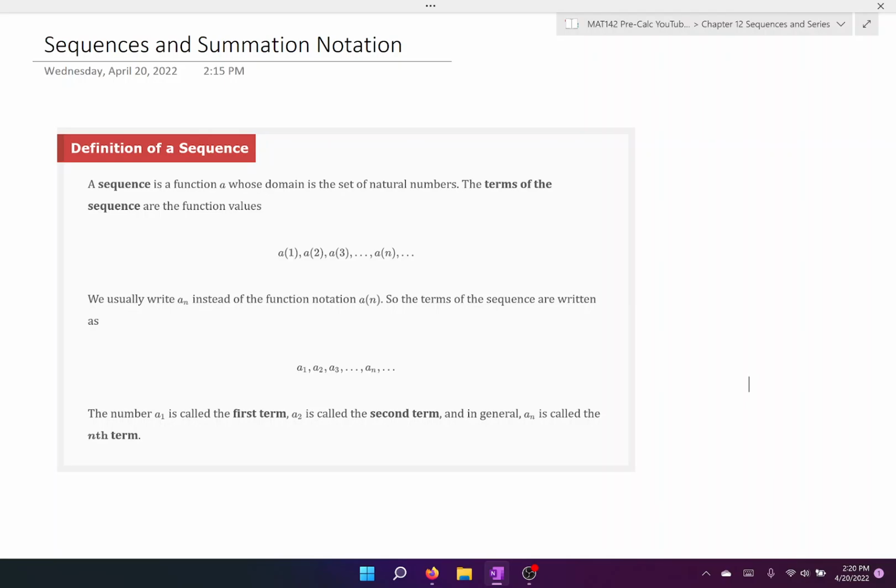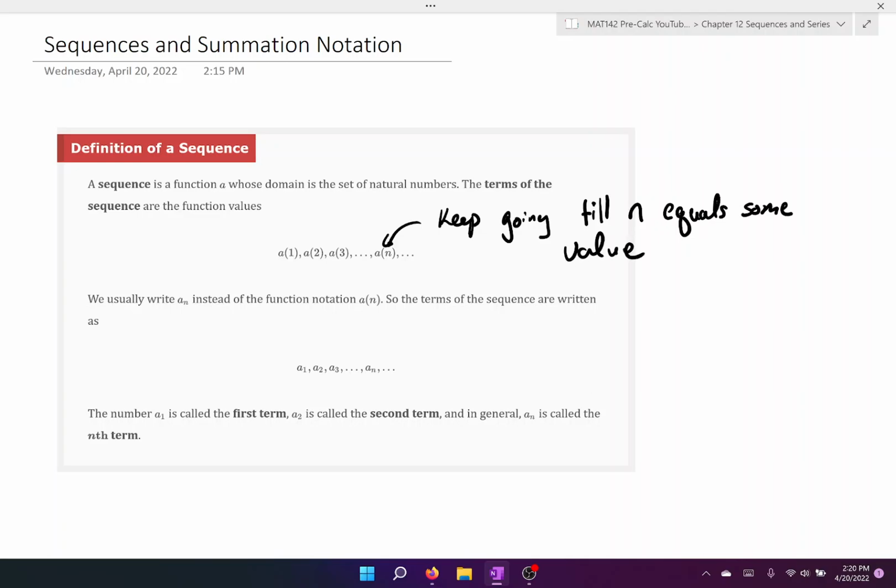A sequence is a function, A, whose domain is the set of natural numbers, and the terms of the sequence, the function values, are A1, A2, A3, all the way up to AN. The AN just means let's keep going till N equals some value.